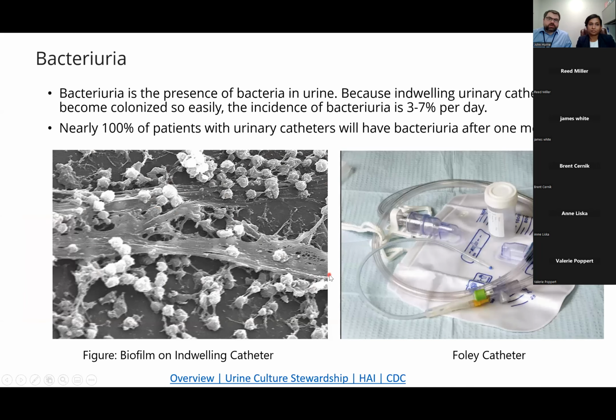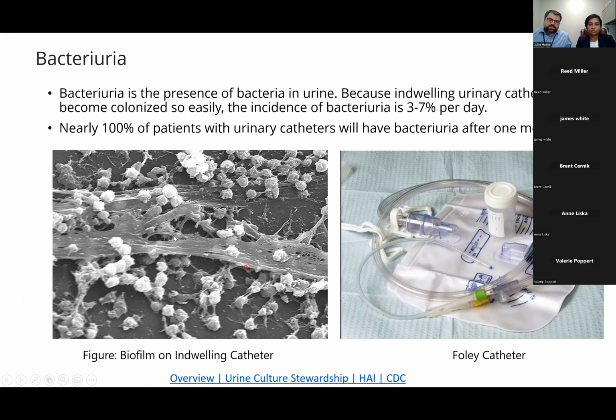So bacteriuria is the presence of bacteria in the urine, and indwelling catheters can become colonized so easily. Incidence of bacteriuria is 3 to 7% per day. When urinary catheters are put in place, there's a plastic tube that goes into the bladder, and the bacteria will stick to that plastic tube, just as this picture is showing. So you've got bacteria here, and then you've got biofilm. Biofilm is an extracellular matrix that the cells make, and it's sticky.